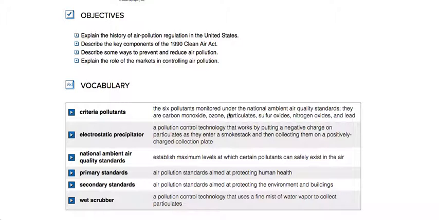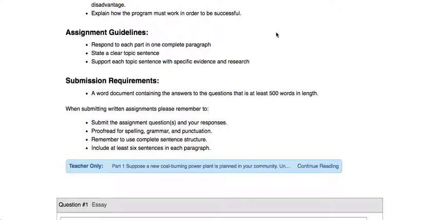These were the key tenets of the reauthorization of the Clean Air Act in 1990. Important pieces of legislation regardless. So with that, let's talk a little bit about the actual project.